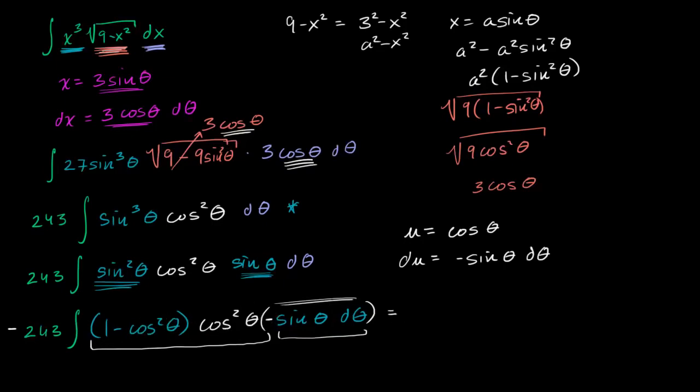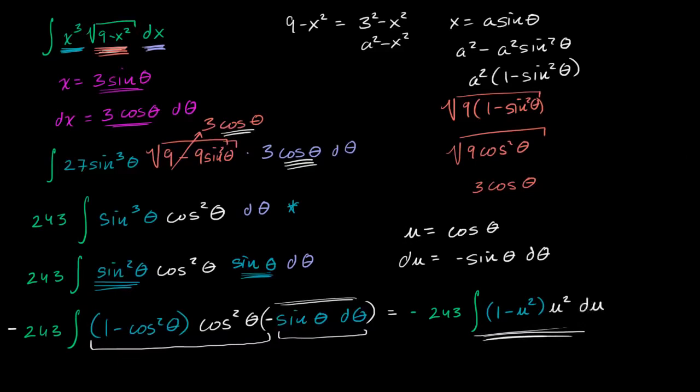So let's write it that way. All of this is going to be equal to negative 243 times the integral of 1 minus u squared times u squared, and then this right over here is just our du. Now this is pretty straightforward.